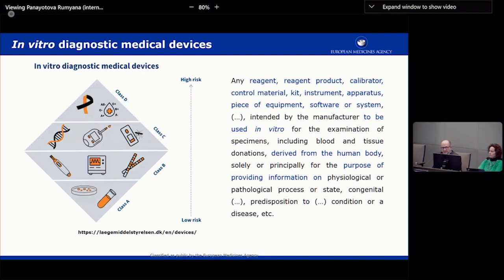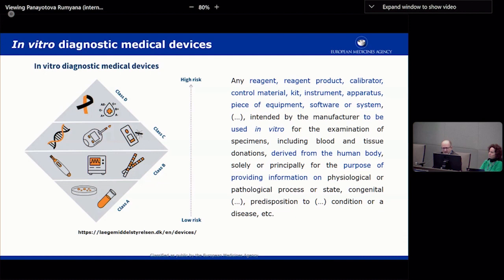It's the same way for in vitro medical devices. The definition is also helpful to understand what's covered by the remit of this regulation, and it's basically very different types of products.